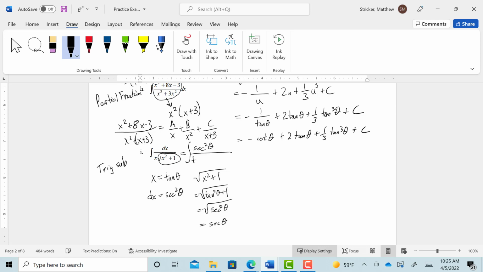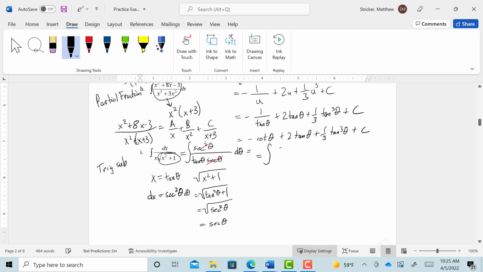So here we get secant squared theta, and if x is tangent theta, then the square root simplifies to secant theta, we have our d theta. We're almost done. This can be rewritten because secant will cancel with one of those.